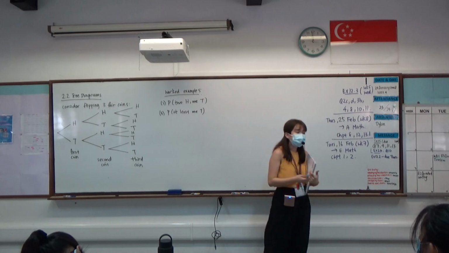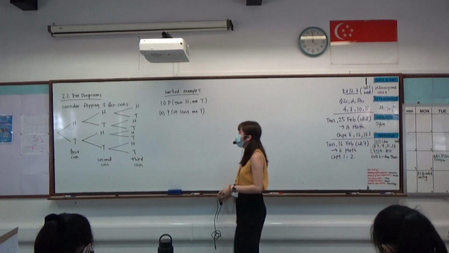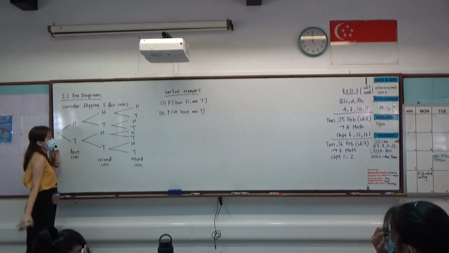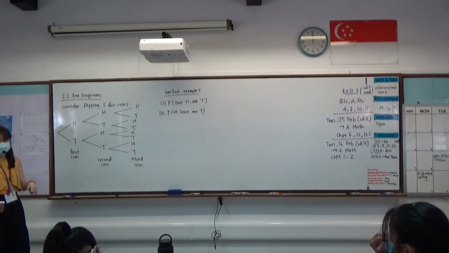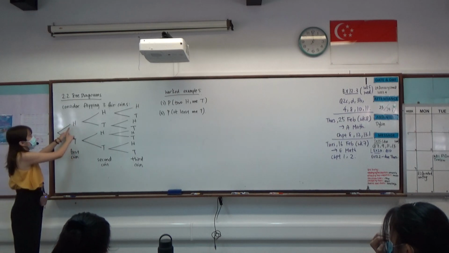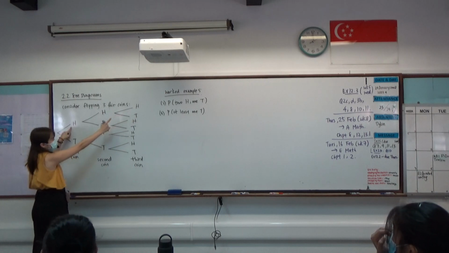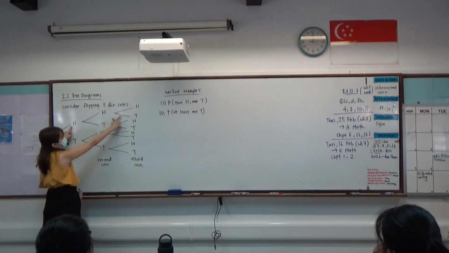Having the tree diagram itself allows me to see the overall picture. I can see the exact outcome per coin. So at the end of the day, when it comes to probability, what is the sample space like? It allows me to see that the first possibility is to have 3 heads. Another possibility is maybe 2 heads and 1 tail.